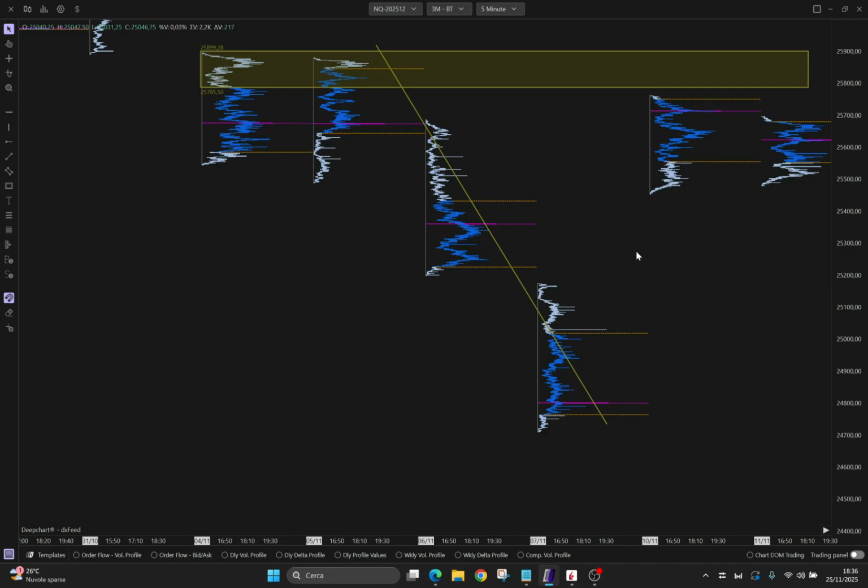What does it mean? That during the London, they accepted higher prices. In this case, you are not aligned with the main direction. You are in a retracement phase. Why? Because the origin of the movement didn't get broken, but this value area got accepted on the high side.